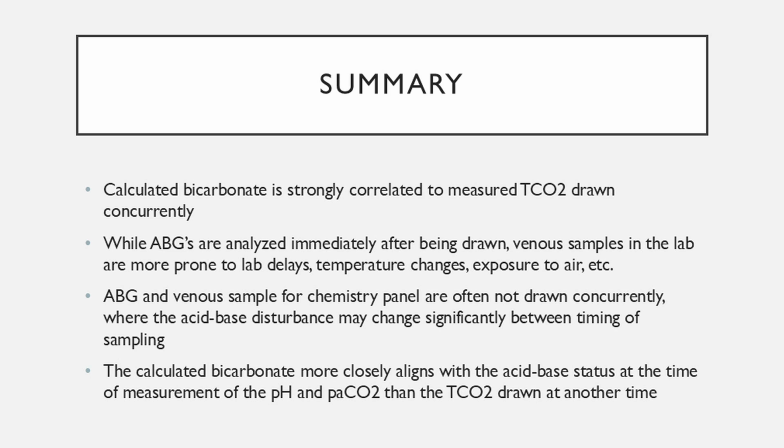So that really should be taken into account, as well as the fact that ABGs are drawn and analyzed immediately, whereas, as I mentioned before, with venous samples there can be delays in the lab, temperature changes, exposure to air and other sources of error.